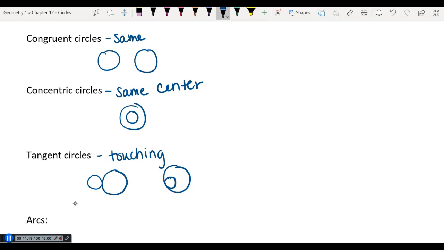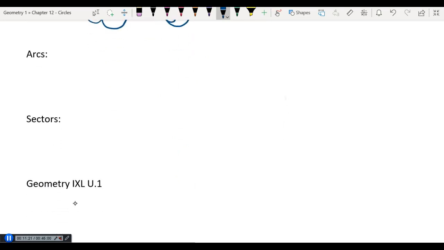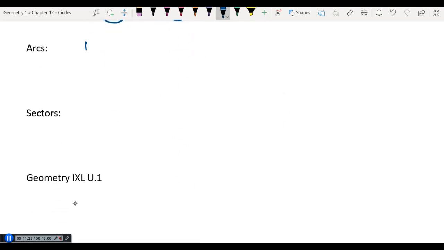Arcs. There's two types of arcs that they're going to go through. A major arc means that it's more than half. So for example, if they give you a circle and they highlight this half, see my blue half? That's a major arc because it's more than half the circle.